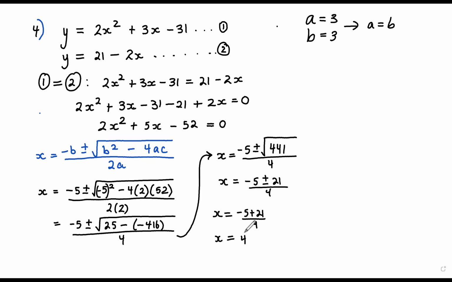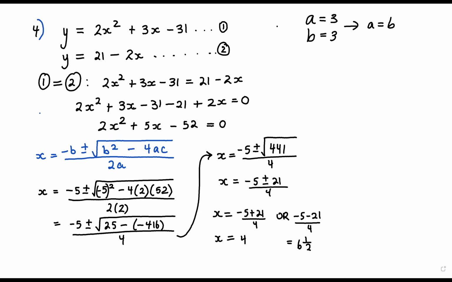So x is 4, or x is minus 5 take away 21 over 4. So that would be, what is that, 26 over 4? Yeah, minus 21 minus 5 is 26 over 4, which would actually be 6.5, 6 2/4. So now you have x is equal to 4 or x is equal to 6.5.